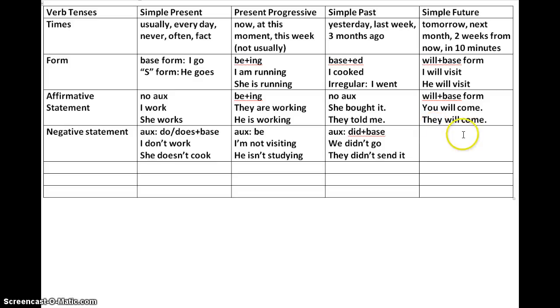Base form after do. In simple future, we have the auxiliary will, and again, base form after will. It doesn't matter what the time is. The negative of will is won't.